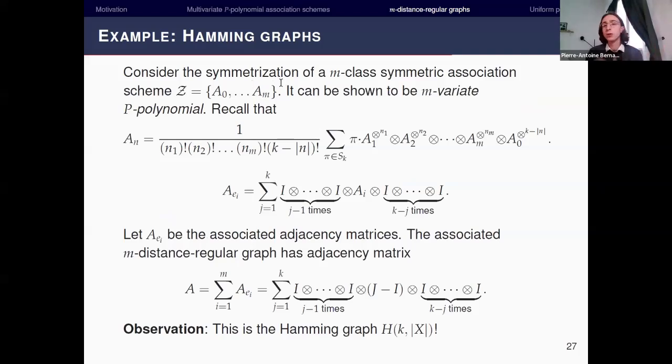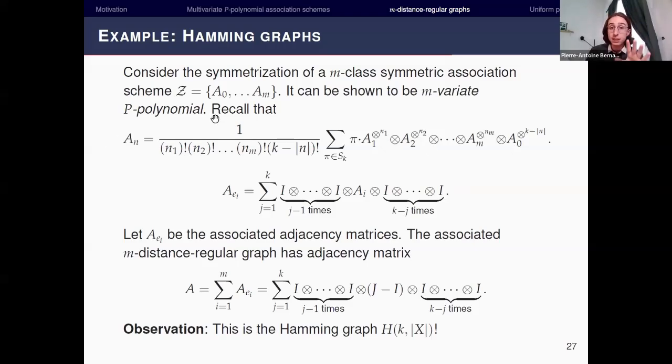So here, again, we consider an association scheme obtained by symmetrization. Earlier it was a symmetrization of a 2-class scheme. Here we consider the general symmetrization of an m-class association scheme. So here A_n, where n is a tuple of integers, is a sum over all the possible permutations of a1 in the tensor product n1 times, a2 in the tensor product n2 times, and so on.